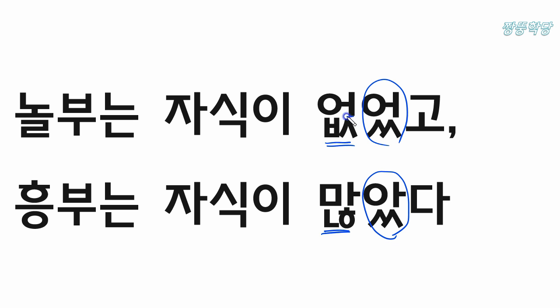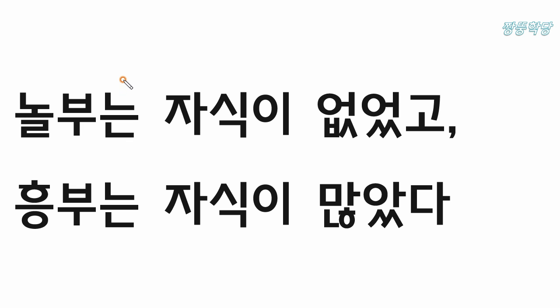If there is 어 in the predicate, then you must choose 었. And if there is 아 in the predicate, then you must choose 았. There is a lot of grammar, and learning grammar is very difficult, but it takes time. You don't need to hurry.